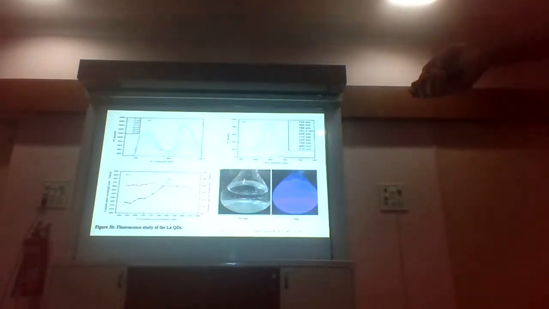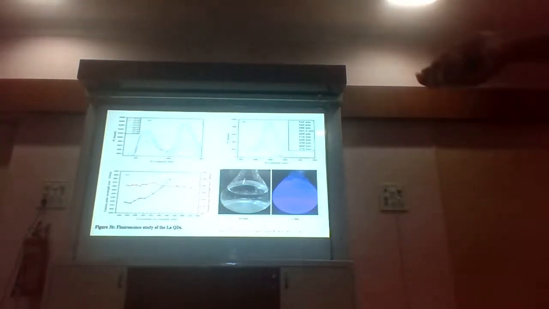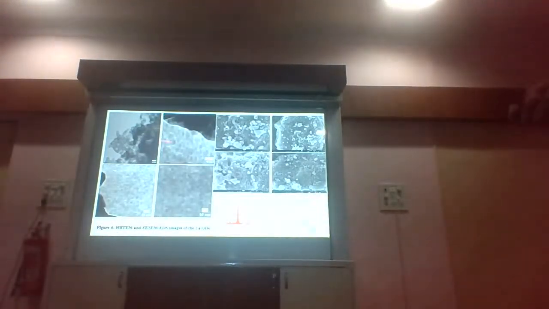The black shows the blue shift. That shows the quantum dots, which are 4.66 electron volt, are well distributed. This is the daylight picture, and this is under UV light, which shows blue emission.